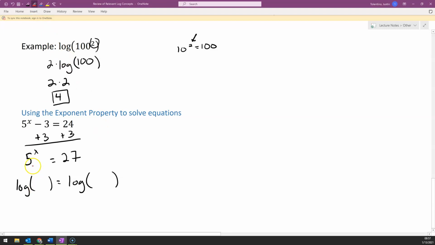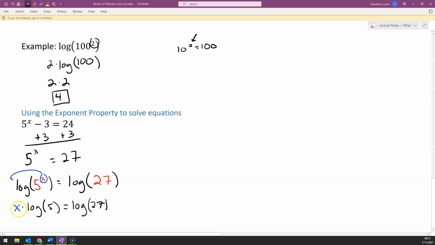And when we put these in, the left side becomes the 5 to the x inside here. And the 27 is in here. Well, the property we just saw says that, hey, this x right here, we can take that out of the exponent now and put it down in front. So this is going to be the x down in front now. And it's times log of that base is equal to log of the 27.